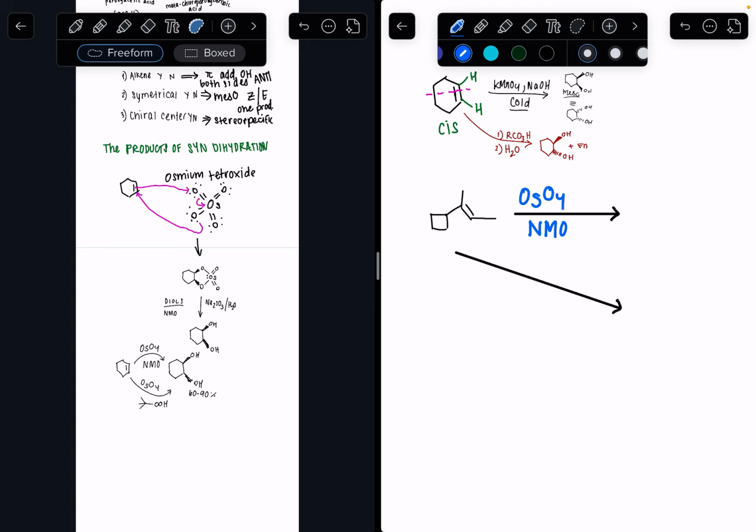Okay, so we automatically know that 1, it is an alkene. 2, it's not symmetrical, so no symmetry. And 3, are there going to be chiral centers? So the answer here is yes, 2 of them.